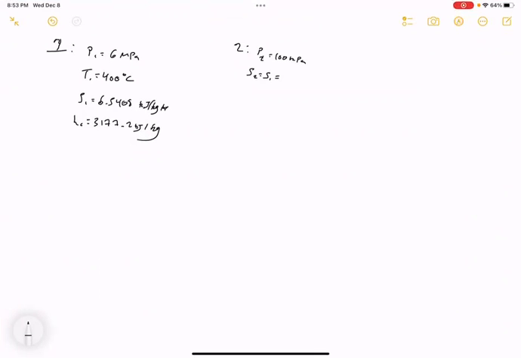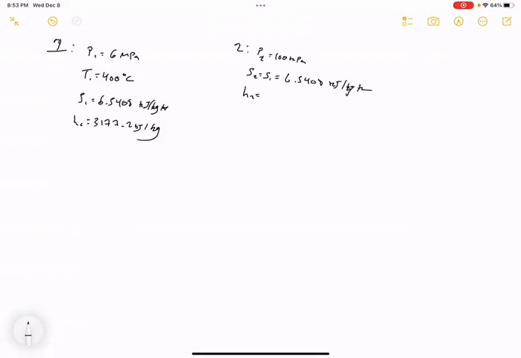And of course, that's going to be up here, 6.5408 kilojoules per kilogram Kelvin, because going from state 1 to 2 is isentropic, so the entropy remains the same. So of course we want to find H2 so that we can find the difference. What we're going to do is define the state based on the pressure and the entropy, which we know, and find what the enthalpy is at that state.